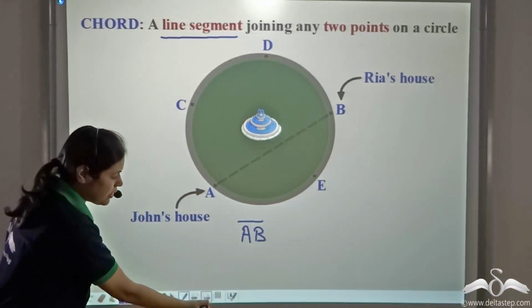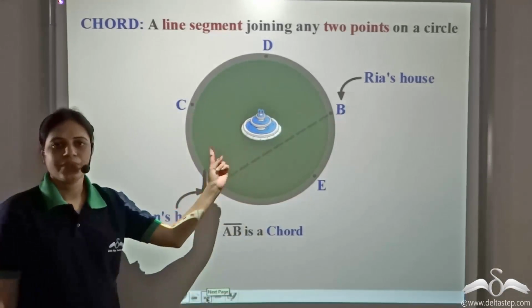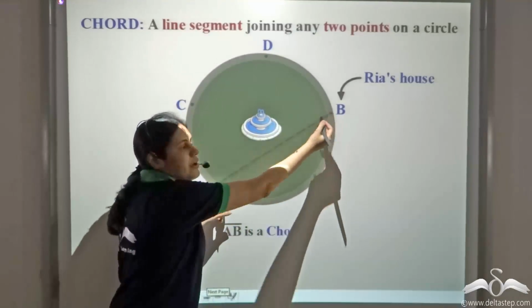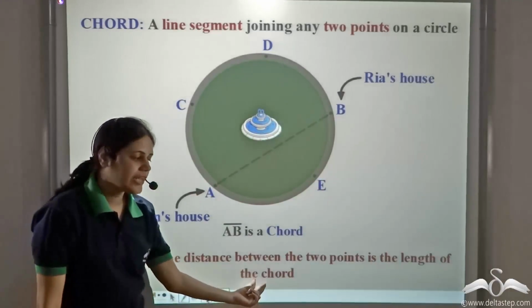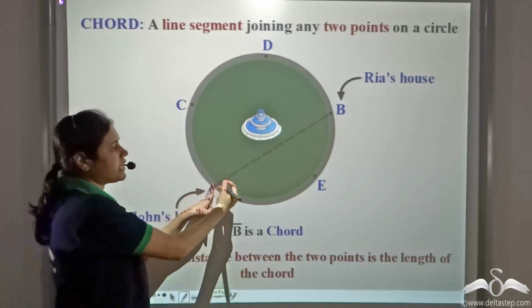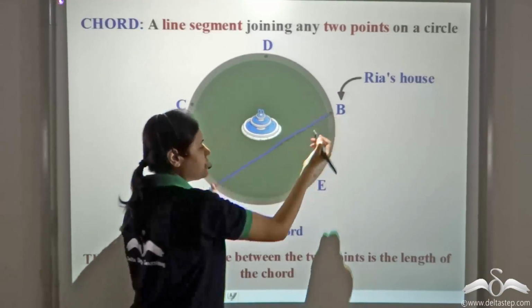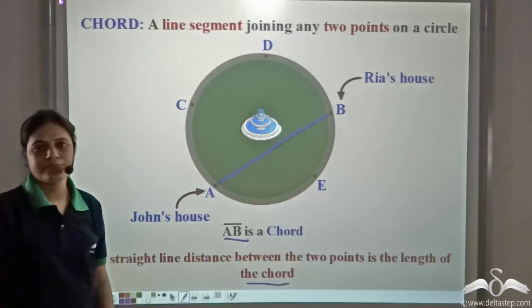So we say that AB is a chord of this circle and the length of AB is called the length of the chord. So this straight line distance is called the length of the chord AB.